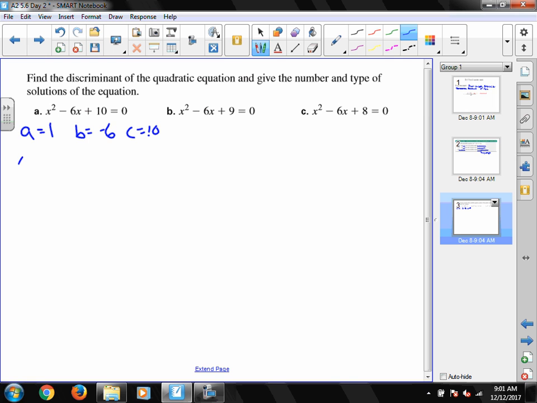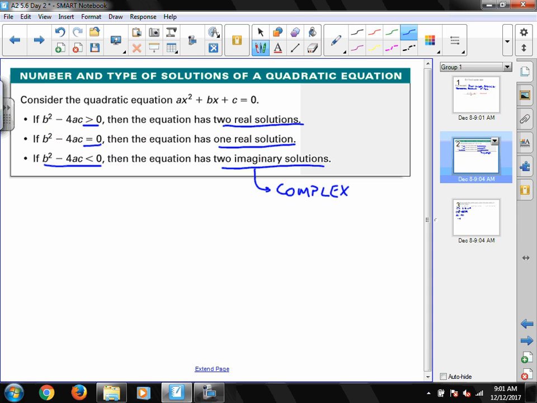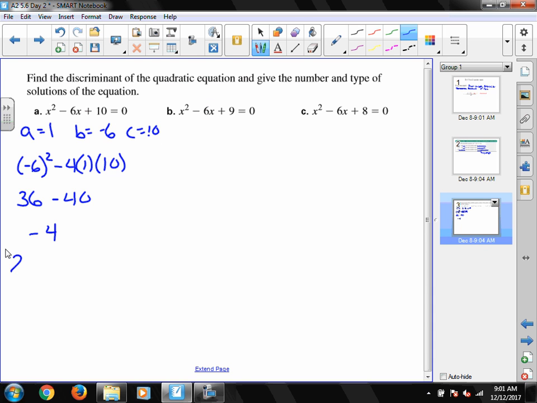So you're going to take -6 squared minus 4 times 1 times 10, which is 36 minus 40, so we're going to get -4. If I go back to my chart, that is less than 0, so that means I'm going to have two complex solutions.